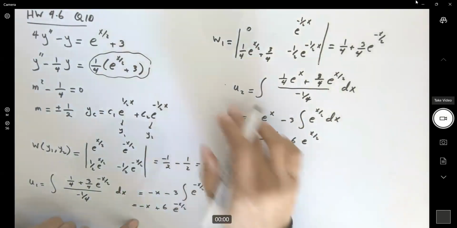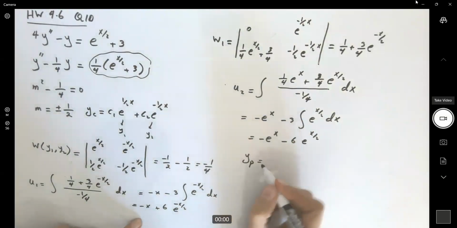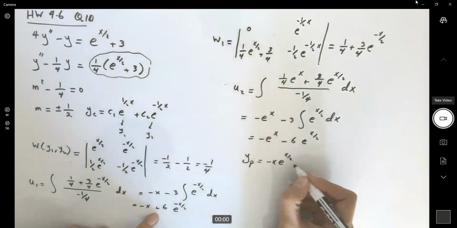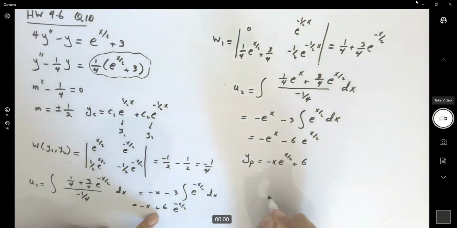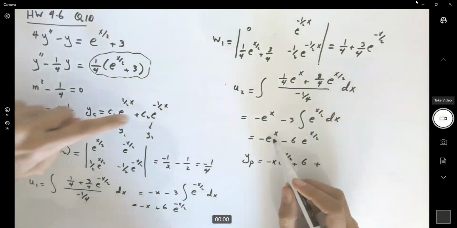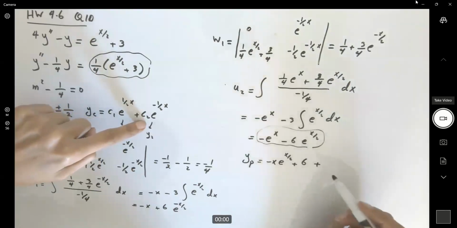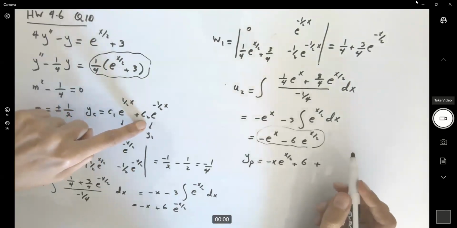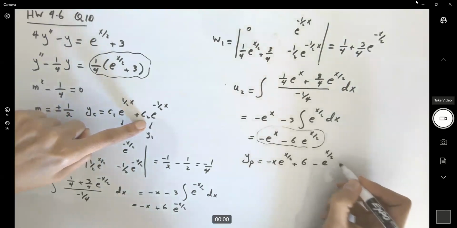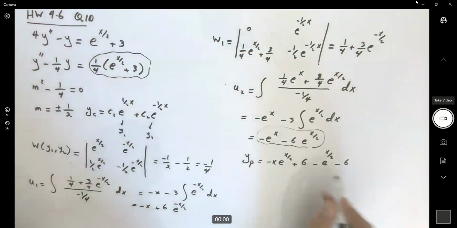We found u1 and u2, so yp, the particular solution, is u1 y1, so you have negative x e to the power x over 2 plus 6. And the second one is u2 y2, so here you have our u2 times e to the power negative a half x, which gives us minus e to the power x over 2, and here you have minus 6. This is yp.